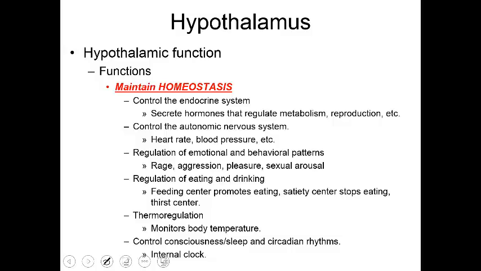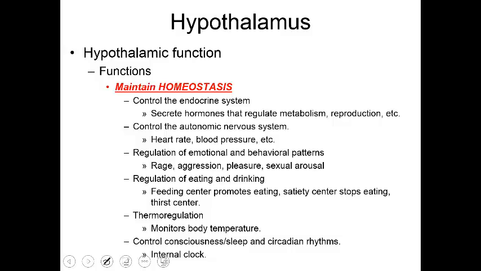Two, it controls heart rate, things that are part of the autonomic nervous system. So heart rate, breath rate, blood pressure, that kind of stuff. It regulates behavioral patterns. So how angry a person is. If a person is feeling at peace, if a person is feeling aggressive, that is courtesy of the hypothalamus. It regulates hunger and satiety. So when you feel hungry, when you feel full, is controlled by the hypothalamus. Thermal regulation.